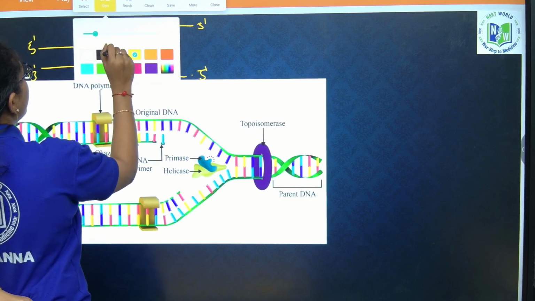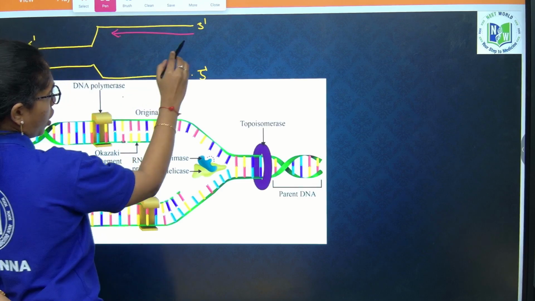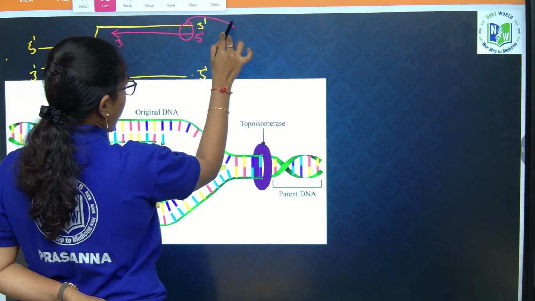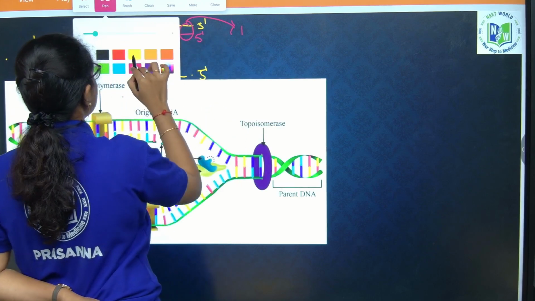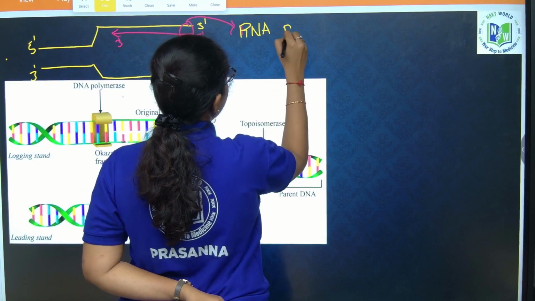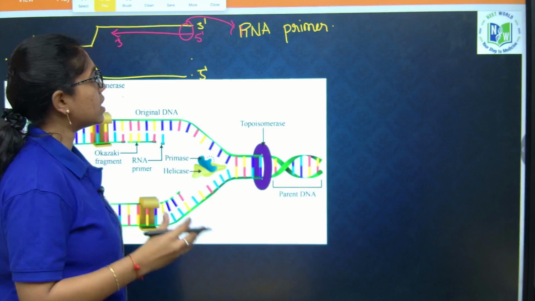Here the DNA synthesis towards the replication fork occurs from 5 prime to 3 prime. The RNA primer acts like the starter for the DNA synthesis.